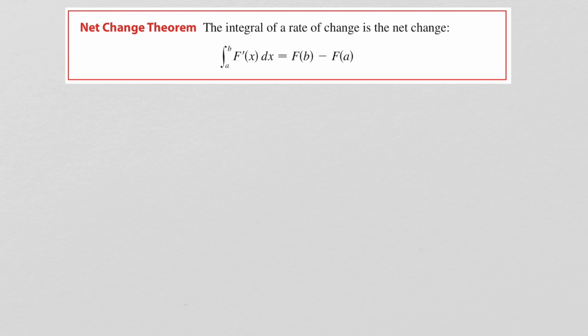So what this says is that when you take the integral of the rate of change of a function, you get the net change of the function. Let me give you a couple of examples.